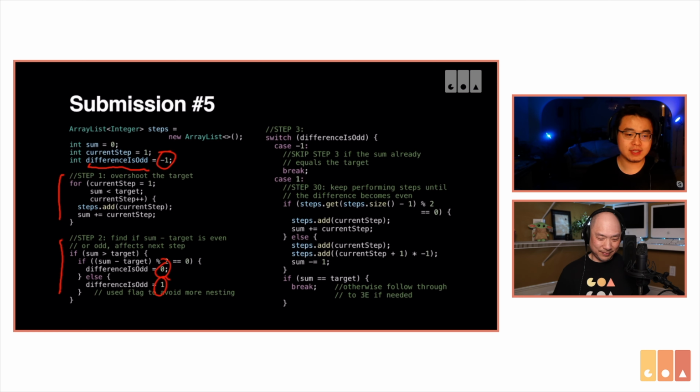And the reason why he does that is because he needs to check, and now we're over on the switch statement on the first case. So case -1. If the target on the left-hand side doesn't fall in any of the if-else clauses, then the difference is odd remains as -1. So that's how he determines whether we've hit the target right away.